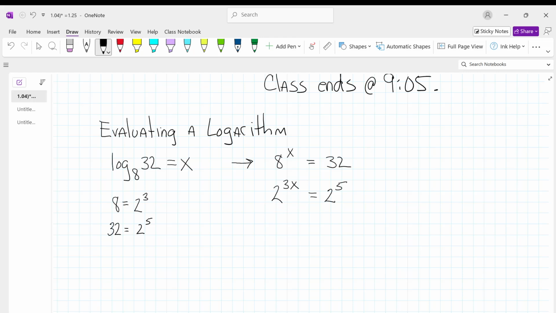You would basically be dividing both sides by 2. These bases would cancel, and what you're left with is 3x equals 5. And then you divide each side by 3, and your x is equal to 5/3.